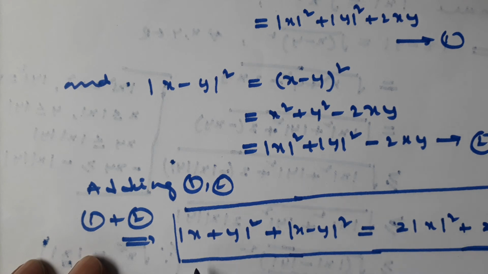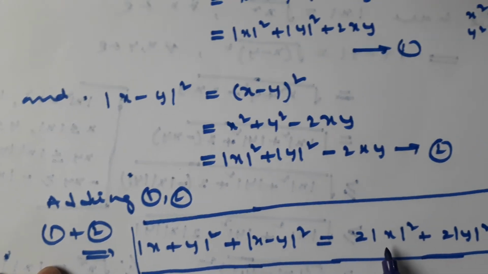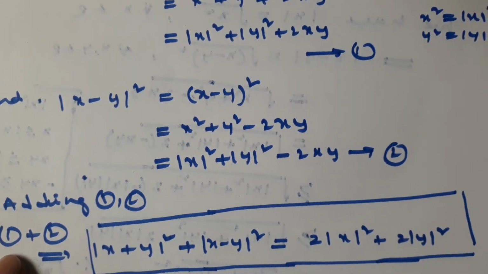So the result is only that LHS is equal to RHS. It is mod x plus y whole square plus mod x minus y whole square is equal to 2 into mod x whole square plus mod y whole square.